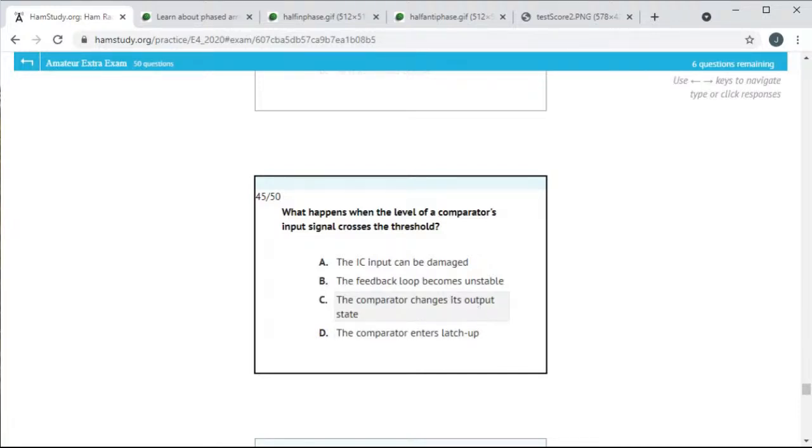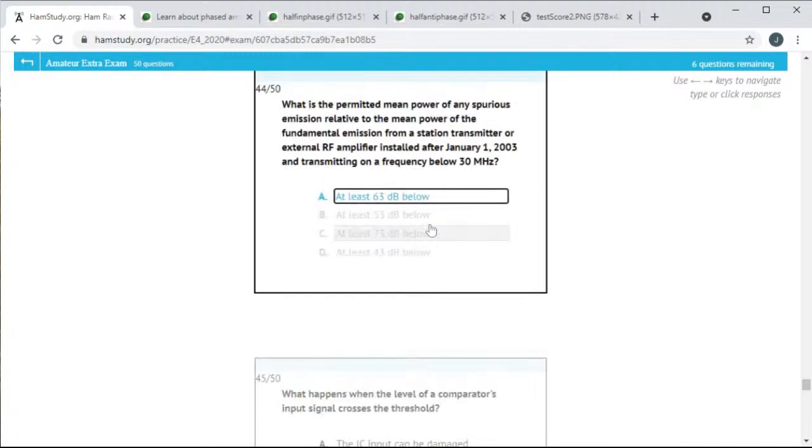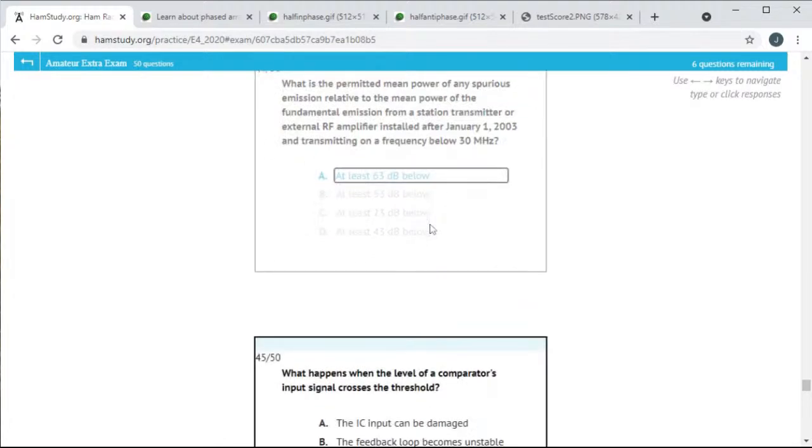Okay. So Gordon believes that the permitted power is 73 dB below.